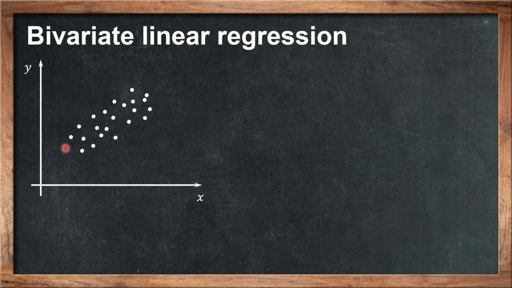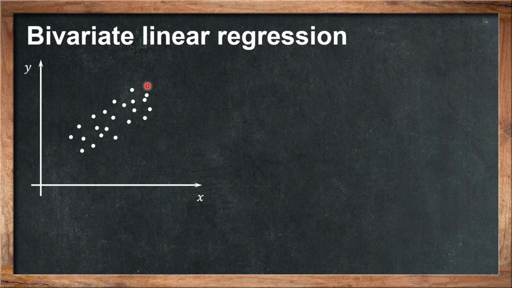So we can assume there is a linear positive relation of x and y. That would imply that with the increase of x, the y also increases. And we would like to model this.